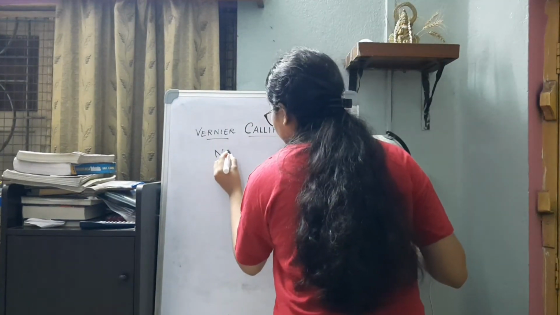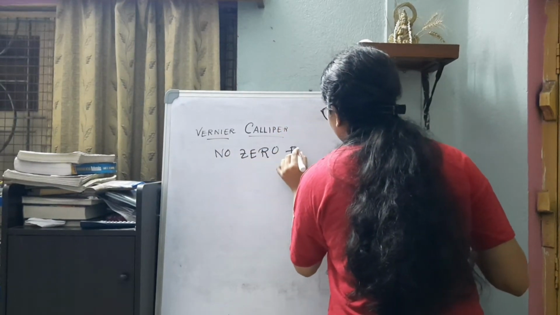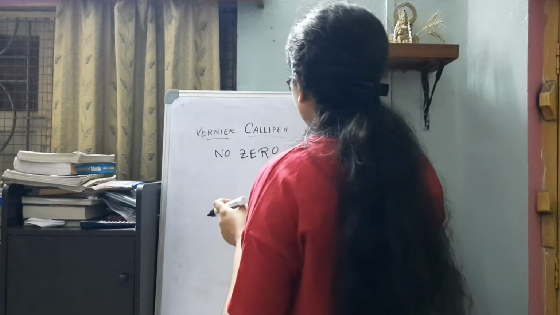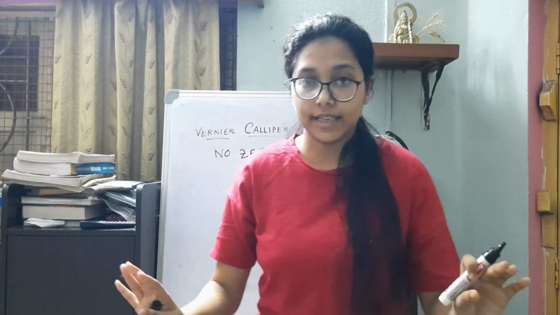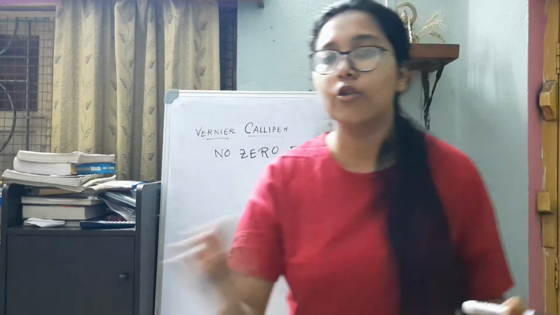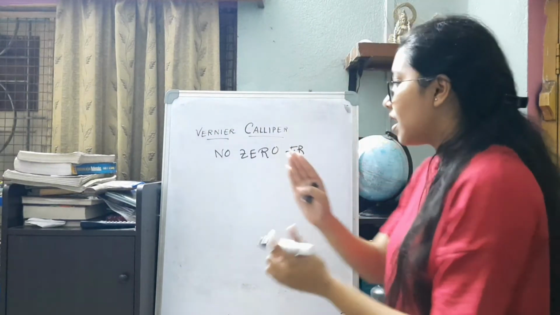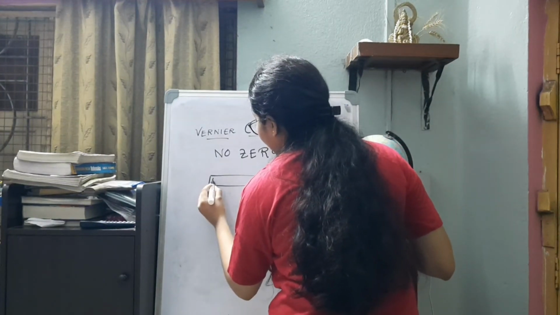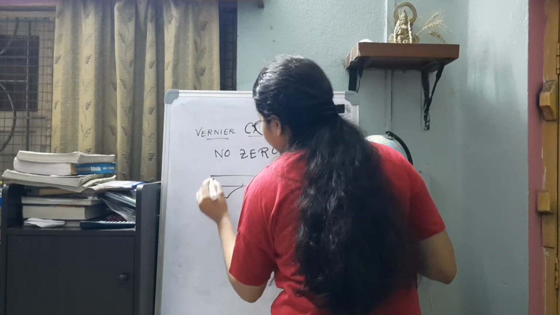In the no zero error case, the zero mark of the vernier scale totally coincides with the zero mark of the main scale. That means it has got no zero error. While going for the practicals also, when you find that the zero mark of the vernier scale coincides with the zero mark of the main scale, then that's very good.